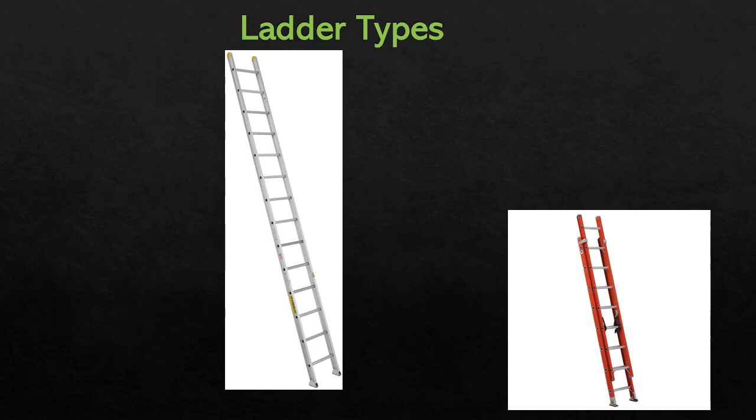What you also sometimes see are extension step ladders like this one, where it can shorten to a relatively compact length, or it can lengthen to almost double its shortened length. And it's got little feet on it that help to lock the ladder in place so that it doesn't plop down when it's unfolded.